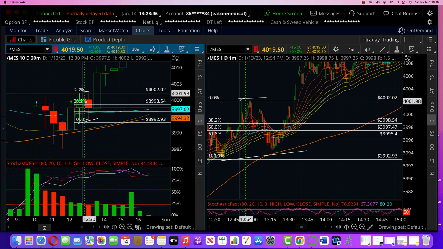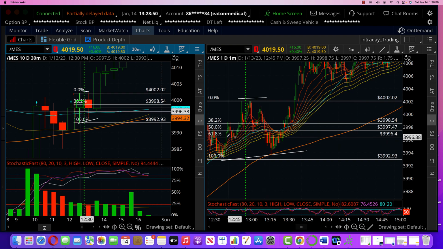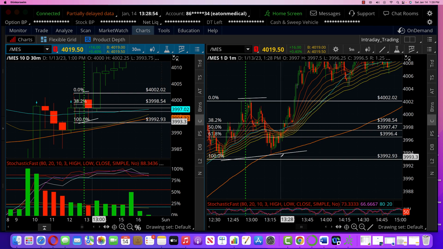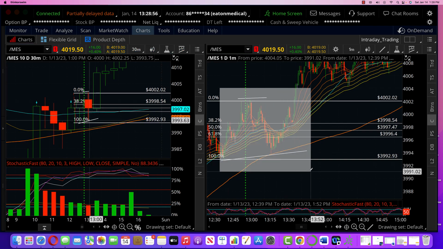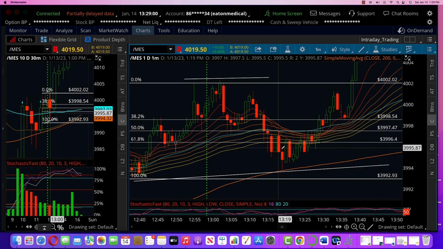So here was the high. What did it do? It pulled back past the 618 level, 68%, into the moving averages. Pulled back pretty far there. Didn't break the range though. Ideally you're getting in here on these red candles.